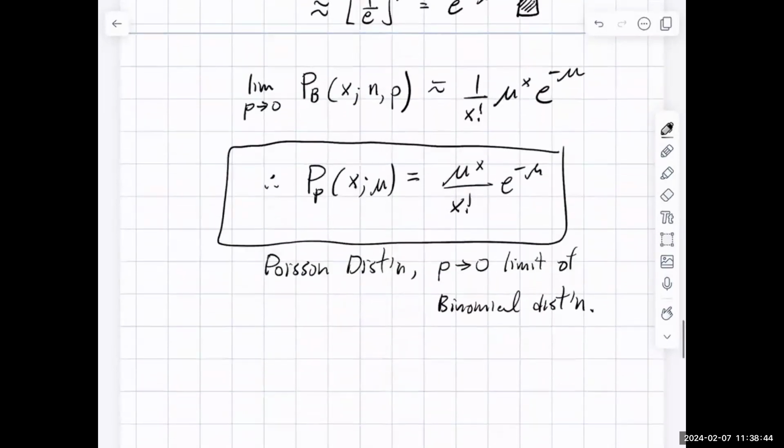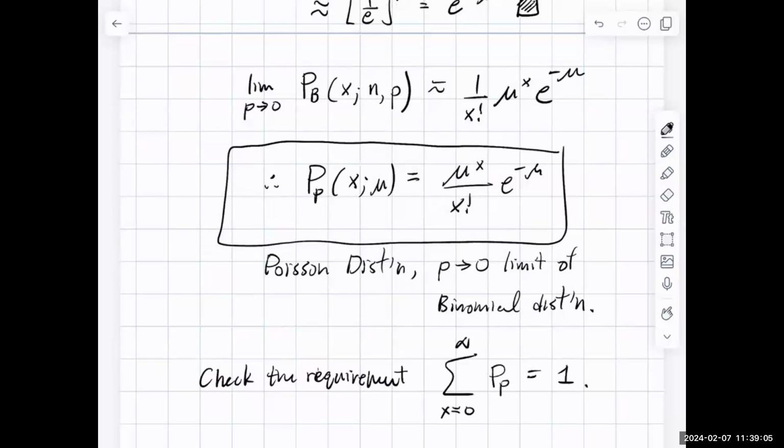So let's check the requirements that the sum of all of these probabilities for x equals 0 to infinity must be equal to 1.